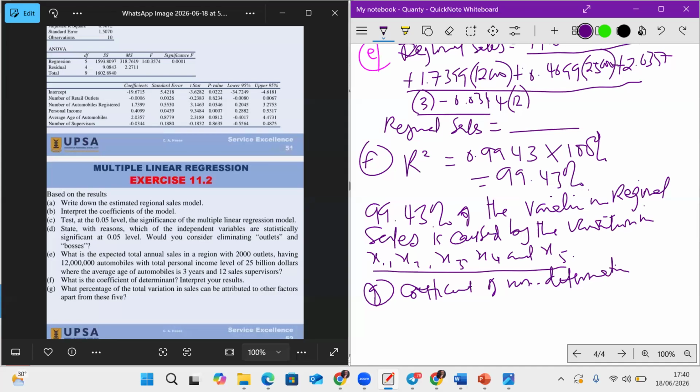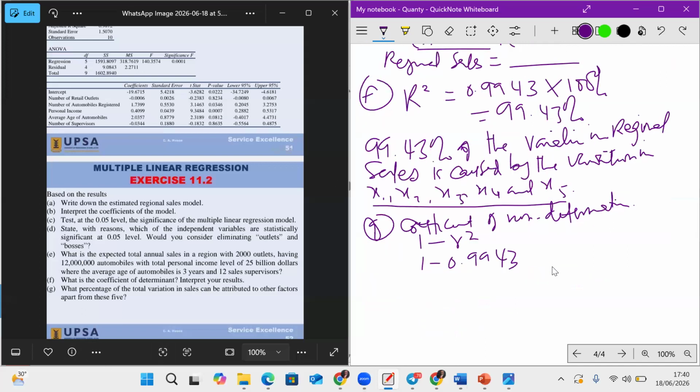Simply put, you say 1 minus R squared. Are you getting it? What is 1 minus R squared? 1. What is R squared? 0.9943. What do you have? 0.0057. Is that correct?